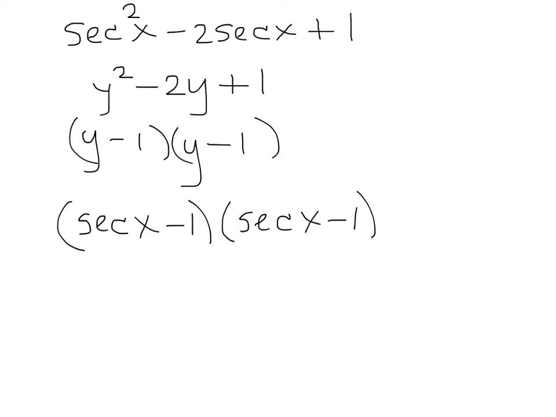If you would like to condense this, you could write it as the quantity secant of x minus 1, squared. You have to learn to see the trig equations as algebraic equations.